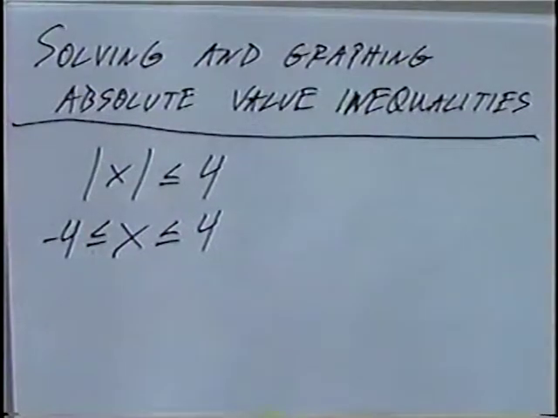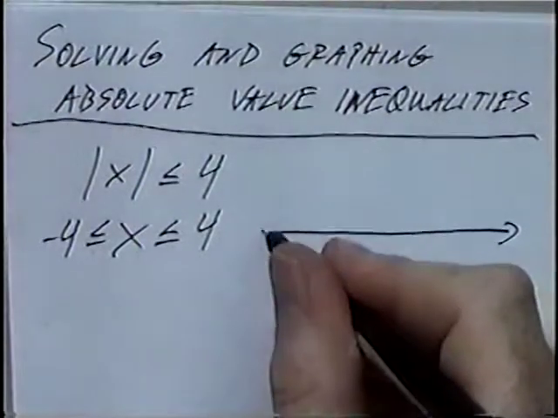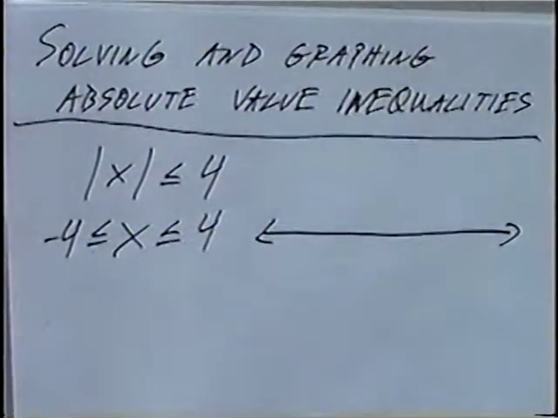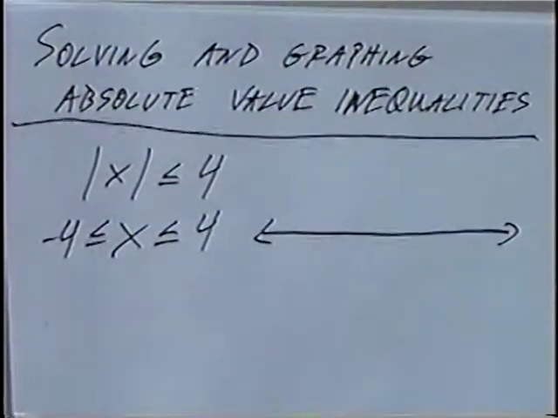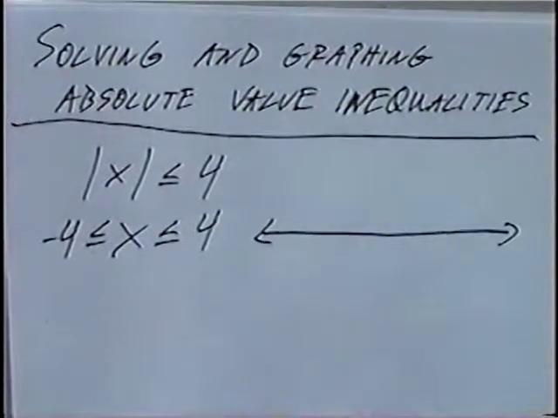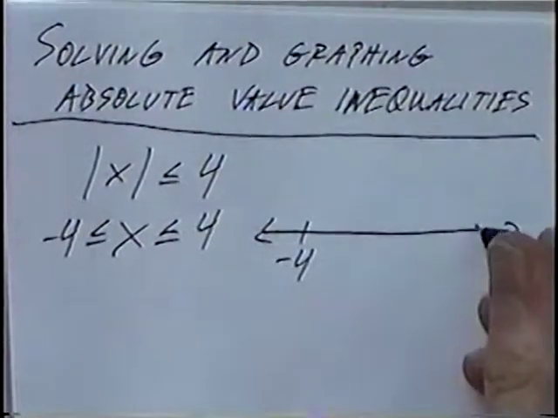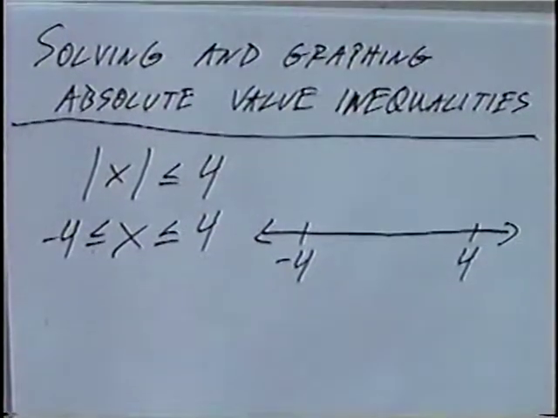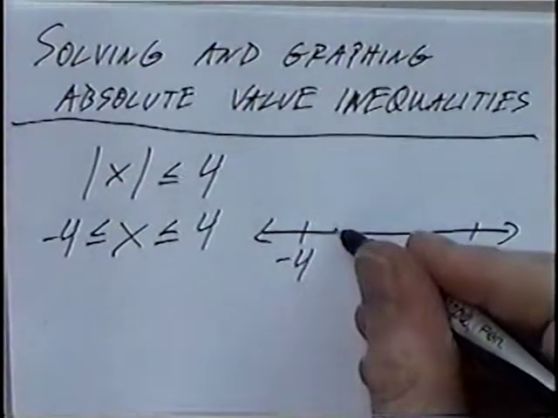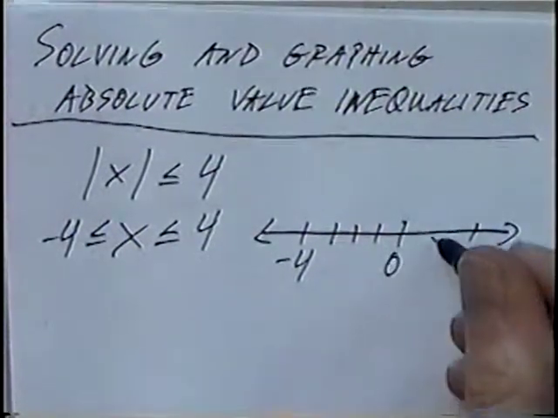From here we can graph the absolute value inequality, which again will be a single number line since we have a single variable. We do have two numbers in our solution, so we'll have negative 4 on the inequality, which I'll put on the left-hand side, and we'll also have positive 4 on the right-hand side. You can fill in some hash marks, so we'll have 0 in the middle.